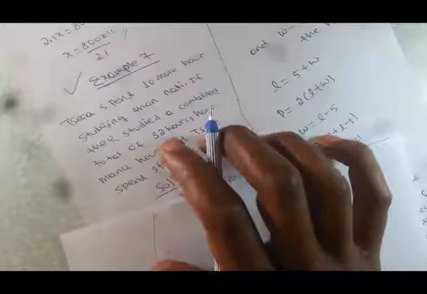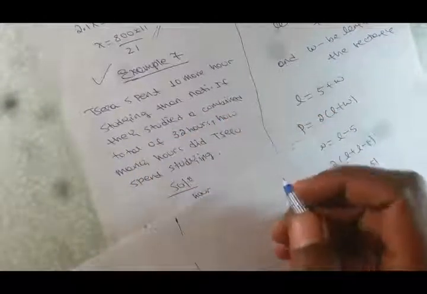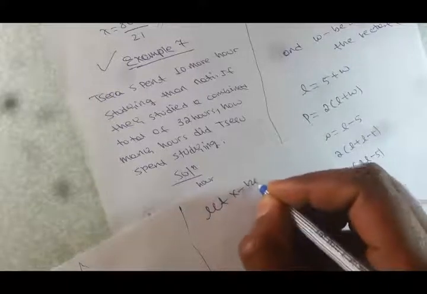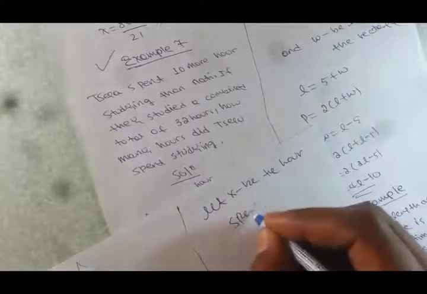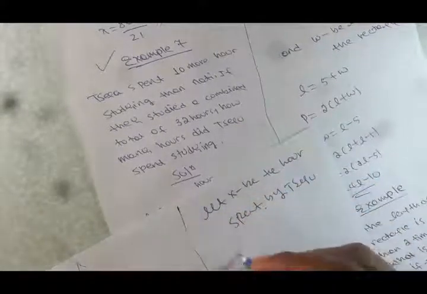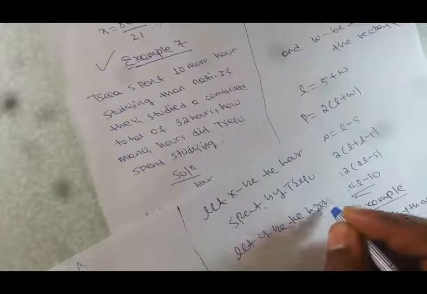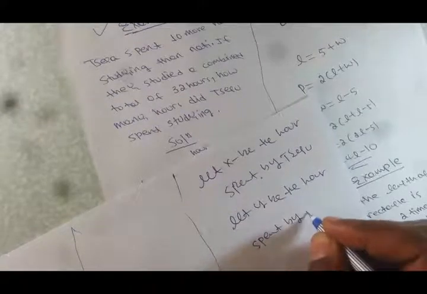Okay, example 7 states that Tsagu spent 10 more hours studying than Nati. Therefore, let X be the hours spent by Tsagu, and let Y be the hours spent by Nati.